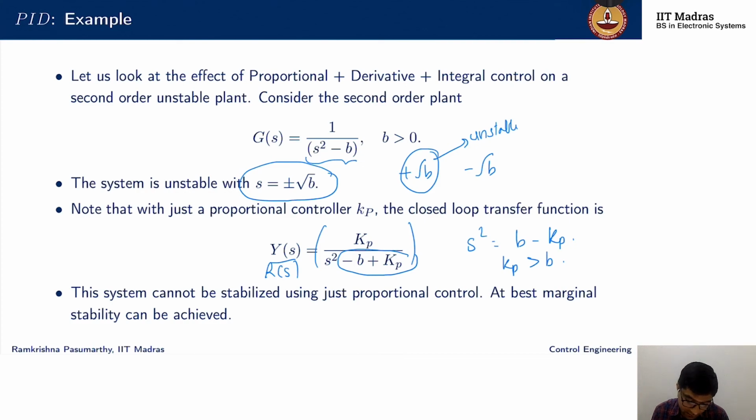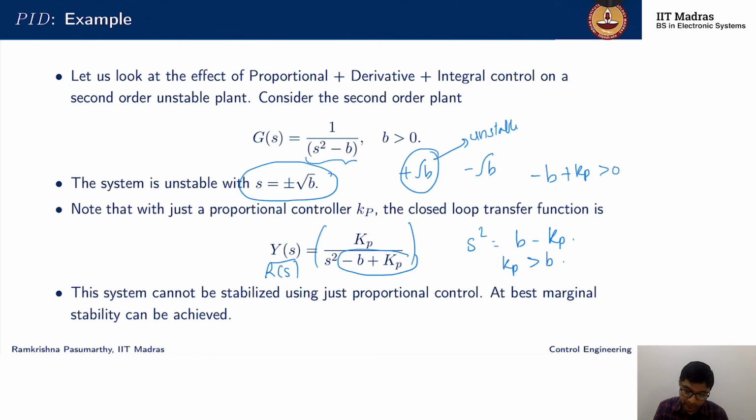I want this minus B plus Kp to be positive for the roots to be imaginary.